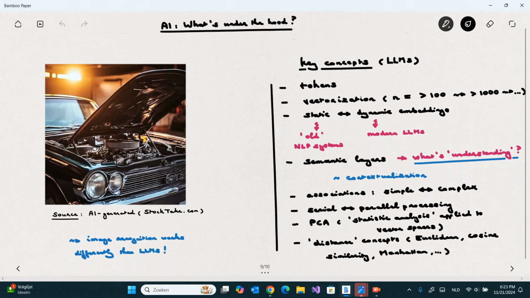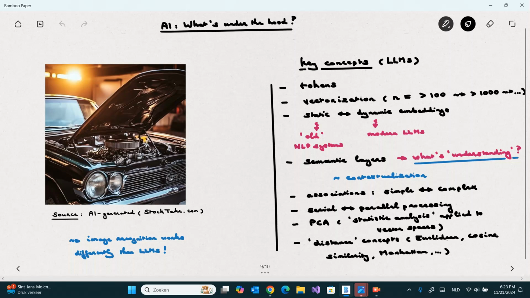You see it here, a car. That's also an AI generated image by the way, from stocktake.com. I take the opportunity to also say that I'm going to be talking about large language models. Image recognition works differently. There are many building blocks that are the same for large language models and for image recognition.